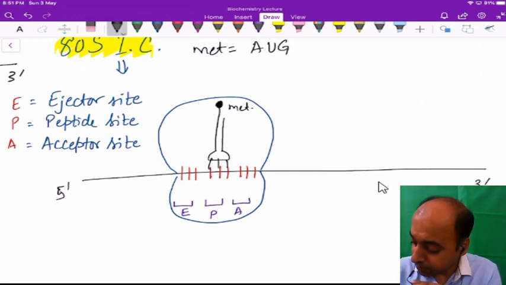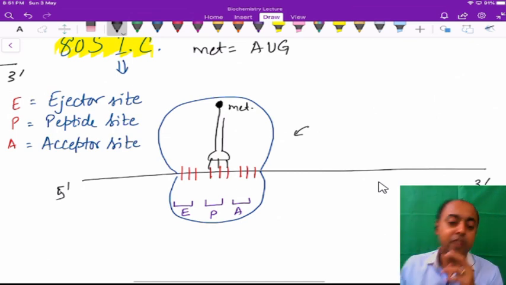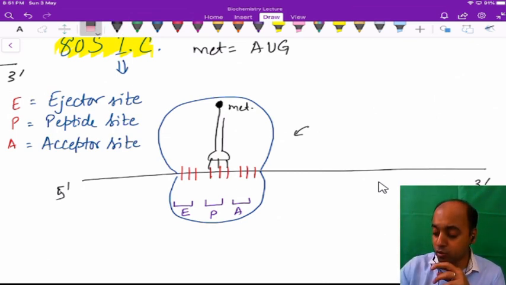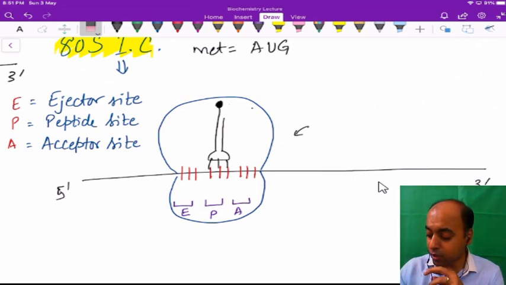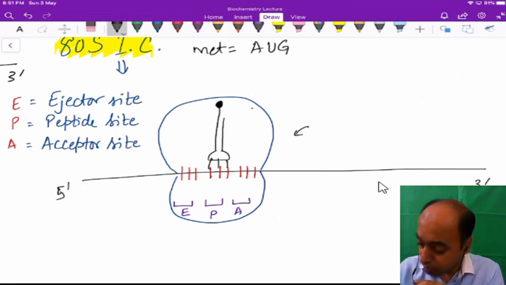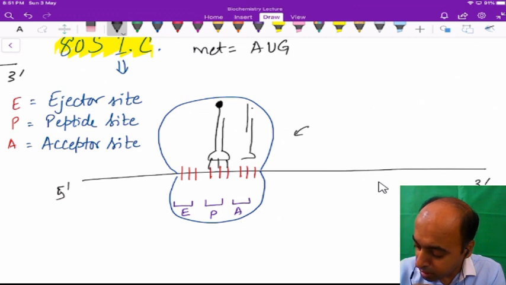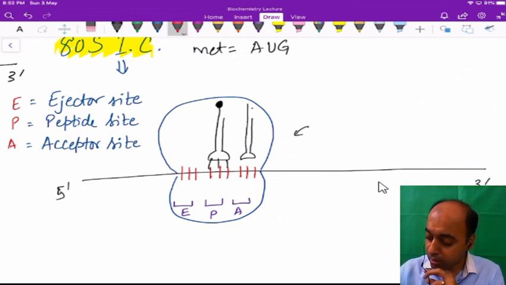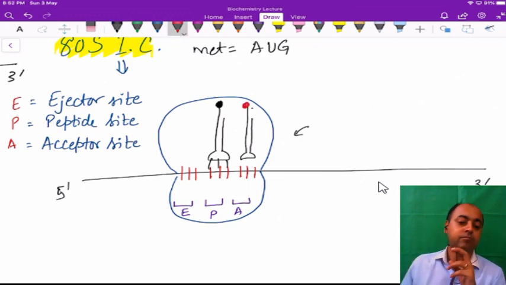So what will happen? A new tRNA will come in, which has the anticodon corresponding to the codon at A site. The new tRNA will come in, bringing in a new amino acid.